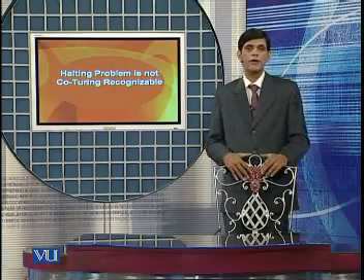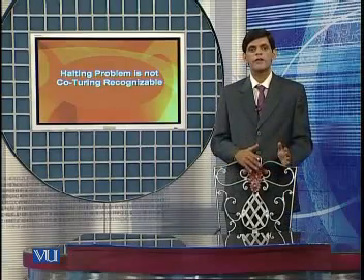A is Turing recognizable and its complement is Turing recognizable implies that A is Turing decidable. So the contrapositive of this would be that if A is not decidable, then either A is not Turing recognizable or its complement is not Turing recognizable. So our new theorem is nothing but the contrapositive of theorem 4.16.